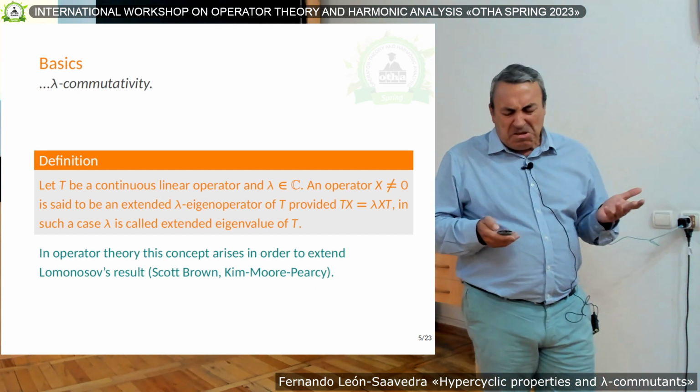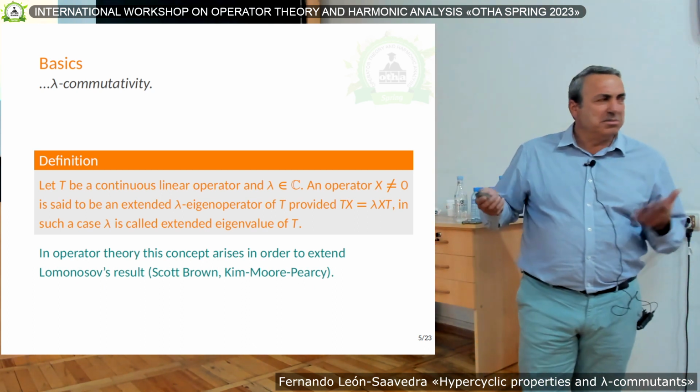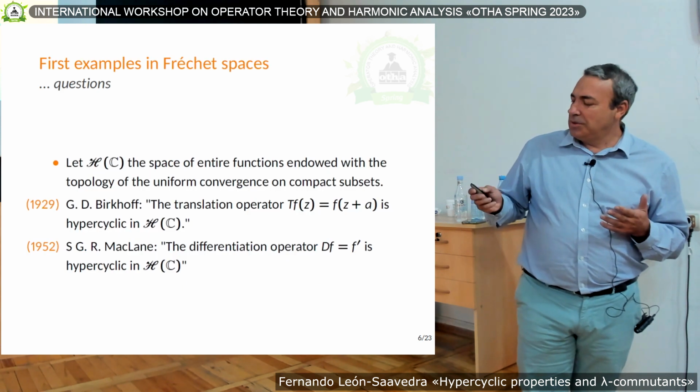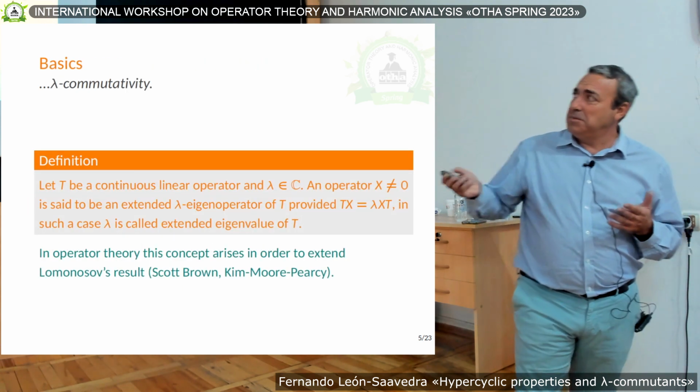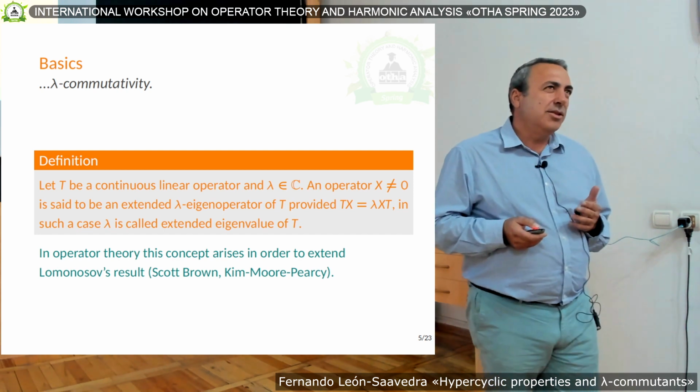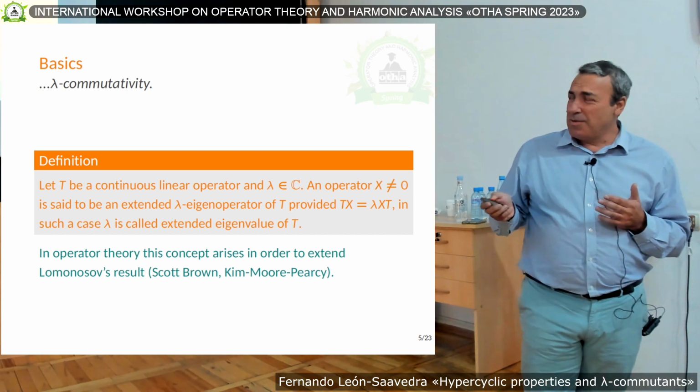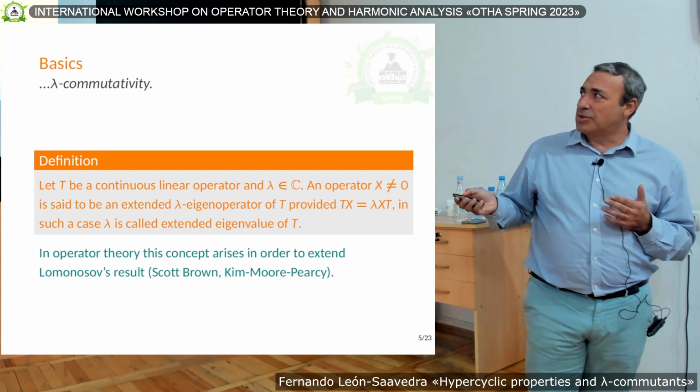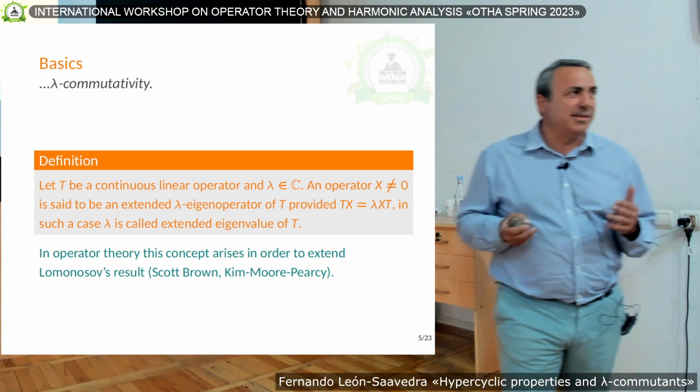Why lambda commutant? Lambda commutants appeared in a result that was independently proved by Scott Brown, and Kim, Moore, and Pearcy.